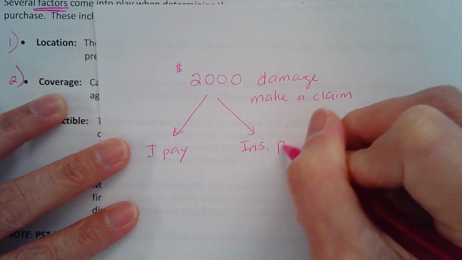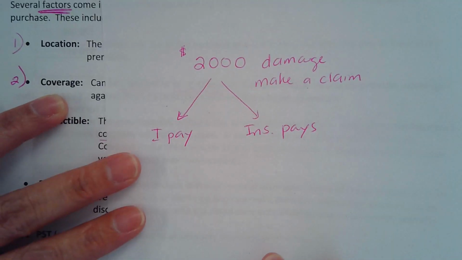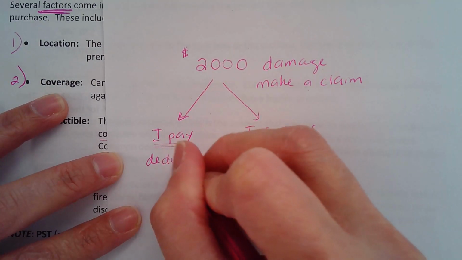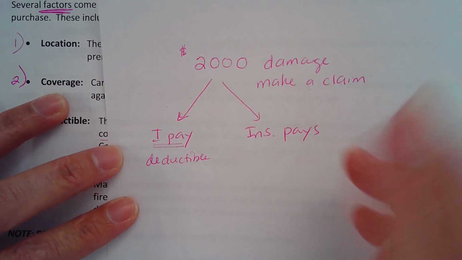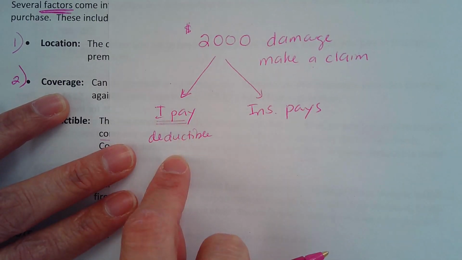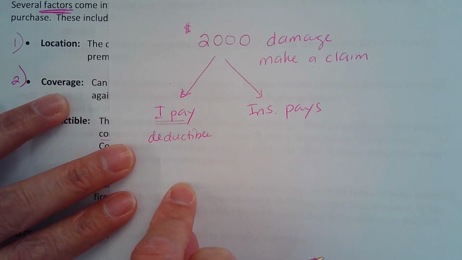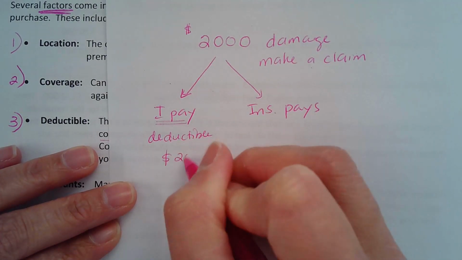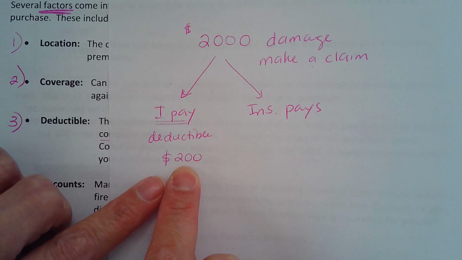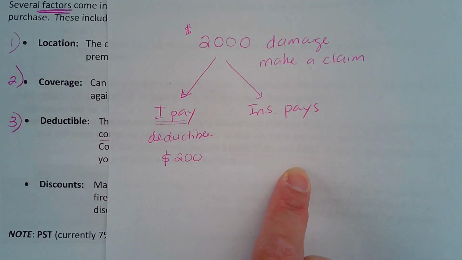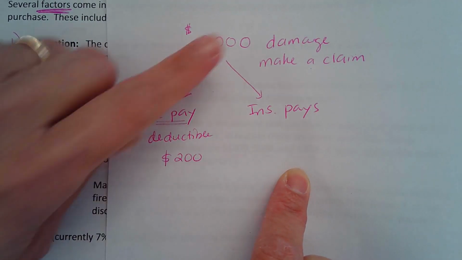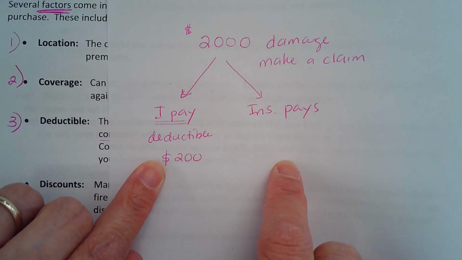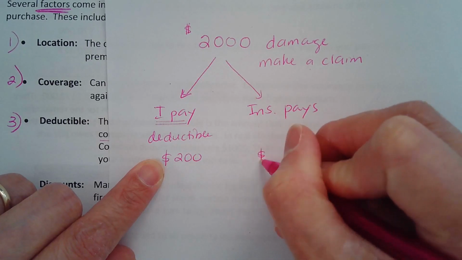So I pay first, then insurance pays. If my deductible is $200, how much would the insurance pay? It has to cover all the damage. I pay $200, insurance pays $1,800.